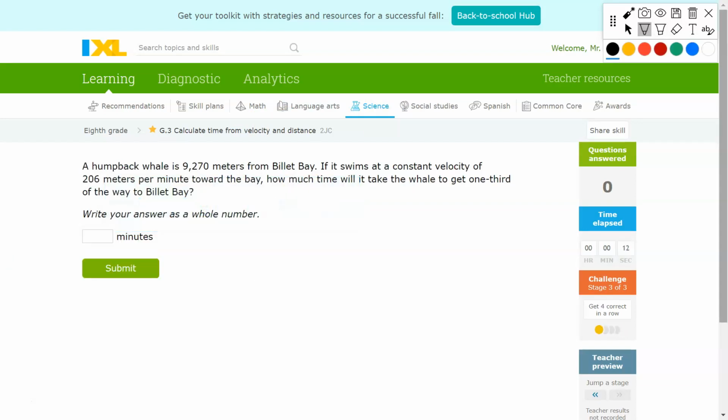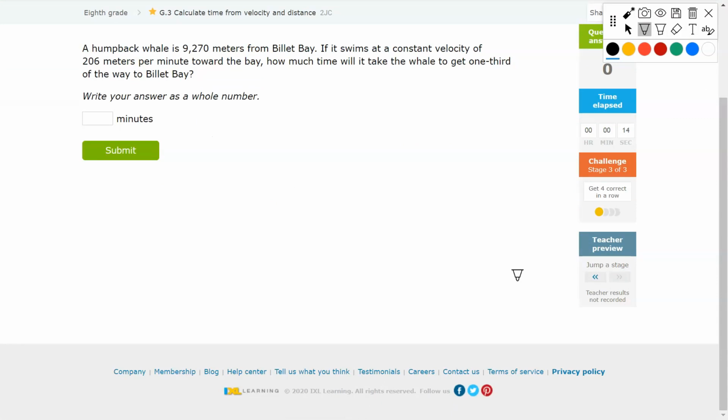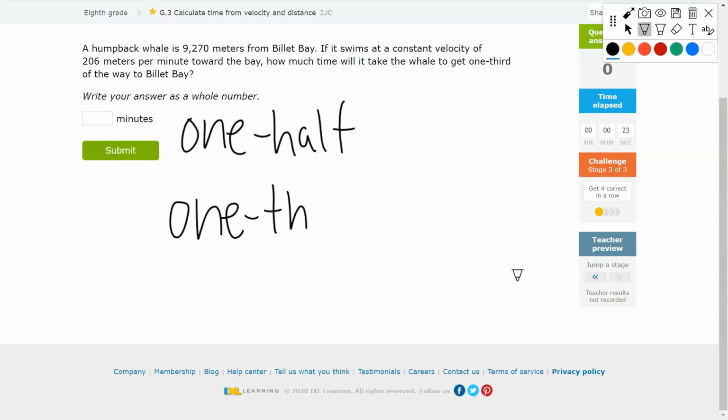So just so that we're clear, guys, the problem always says something about 1/2, 1/3, and 1/4. I just want to make sure you guys are clear on this.